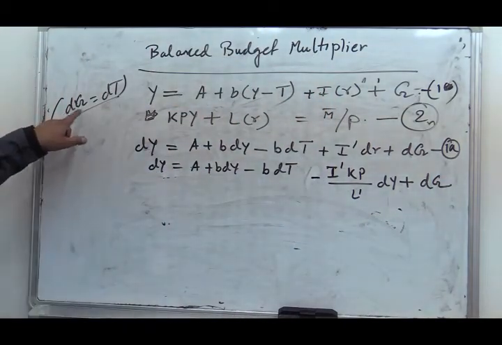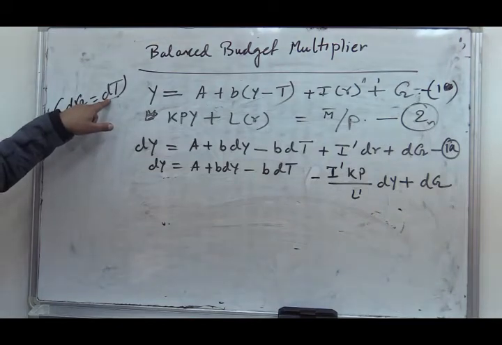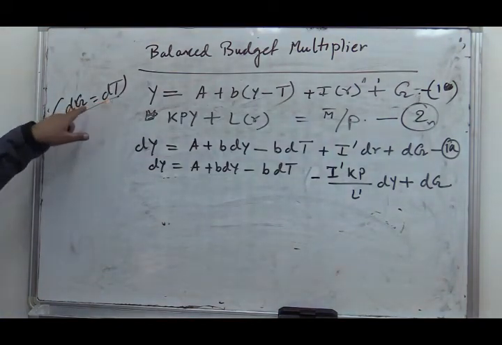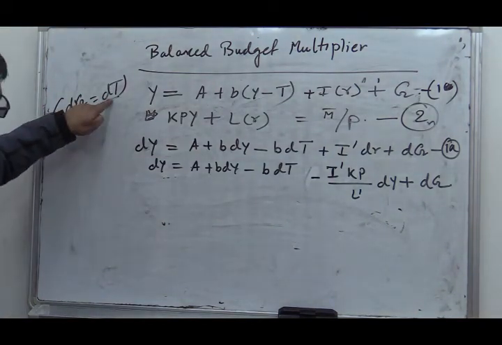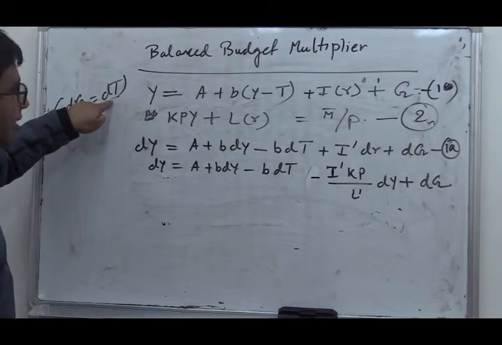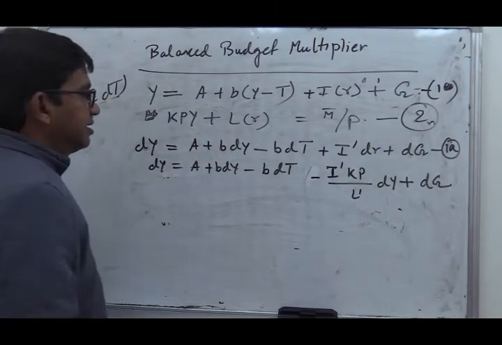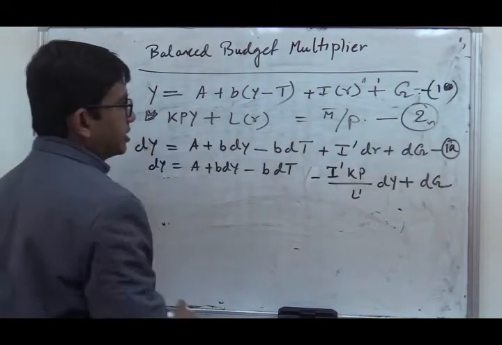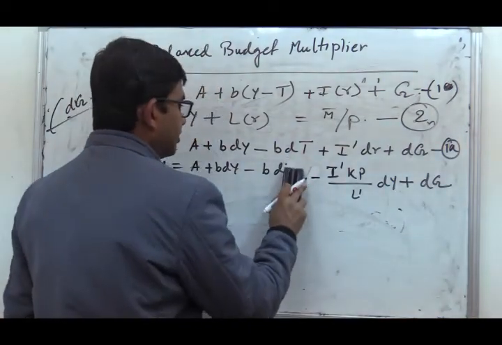And here we will replace dT by dG, because we are considering that the change in public expenditure is exactly equal to the change in tax. So increase in expenditure equals increase in tax, so dT can be replaced by dG.